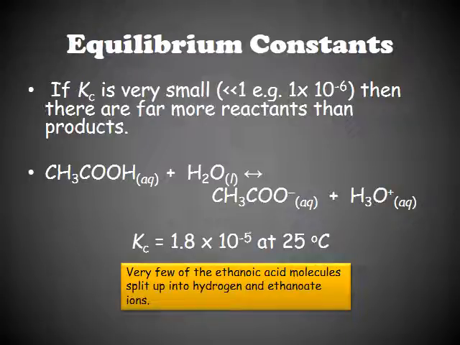So that means there are very few ethanoic acid molecules that split up into hydronium and ethanoate ions. That means the reaction favors the reactant side. So there's lots of ethanoic acid around, but not much of the hydronium. That's why it's a weak acid.